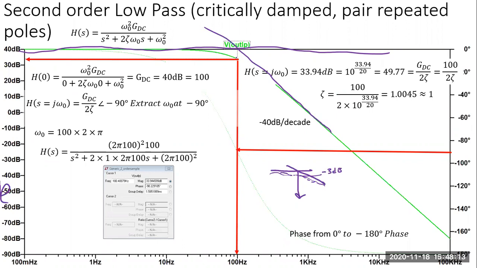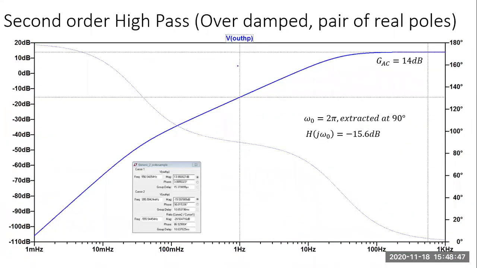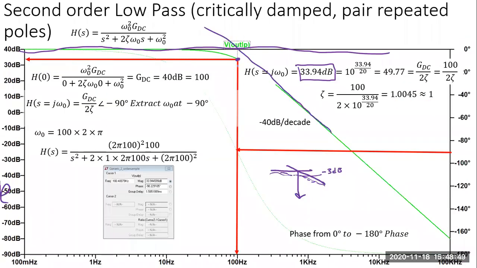In this case, when we measure that spot, it's 33.94, effectively 34 dB, right? So if we were at 40 and we went down to 34, that's minus 6 dB. And so this spot in a second order system does not have to be minus 3 dB. In fact, here it's greater. Okay. Yeah, I did it out of order and I apologize.